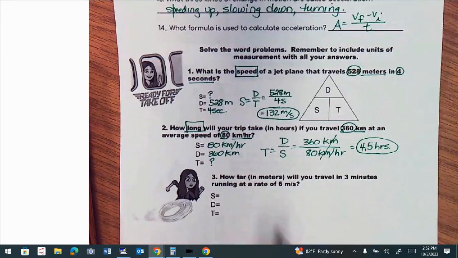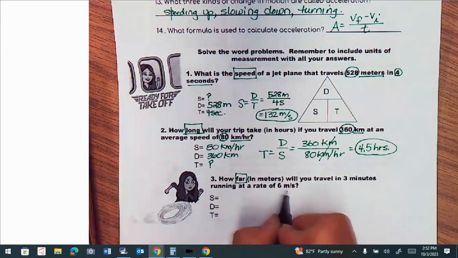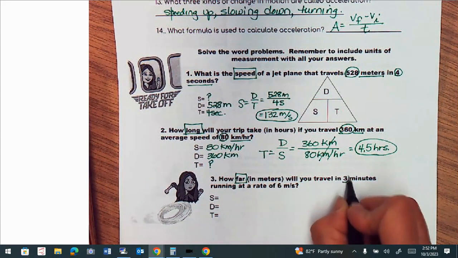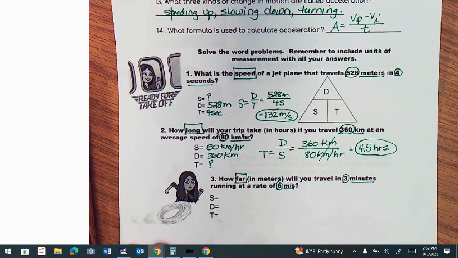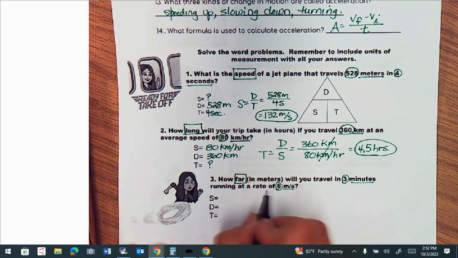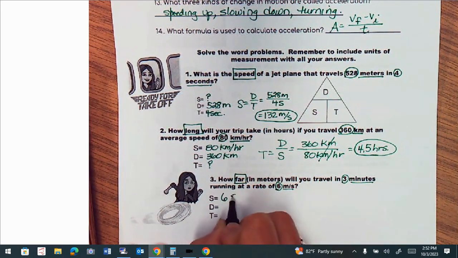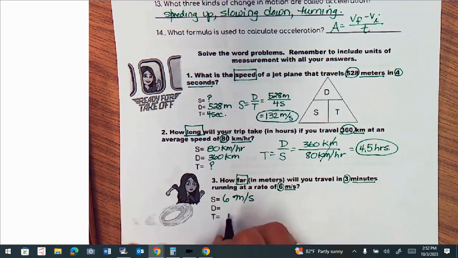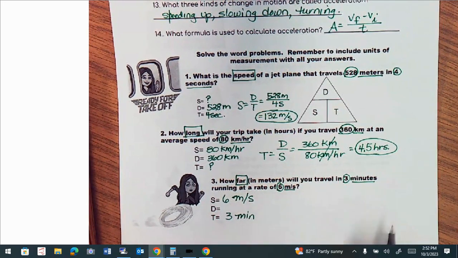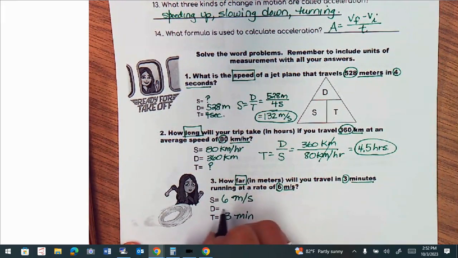Number 3, how far in meters will you travel in 3 minutes running at a rate of 6 meters per second? Our rate of 6 meters per second is our speed. Our time is 3 minutes. And our distance, we don't know.